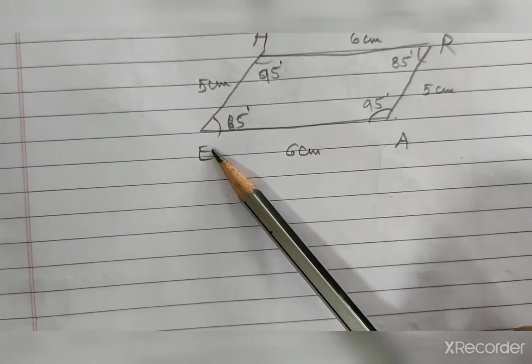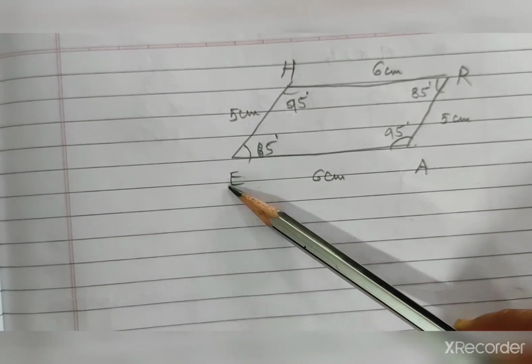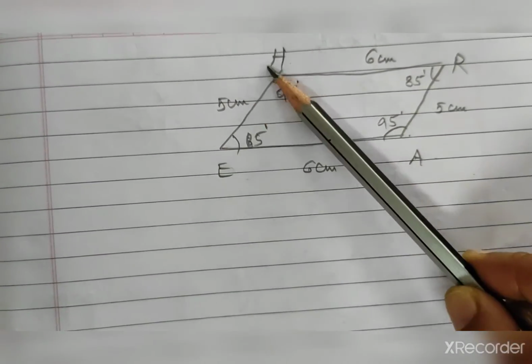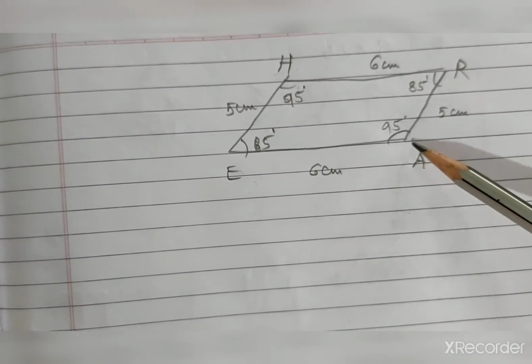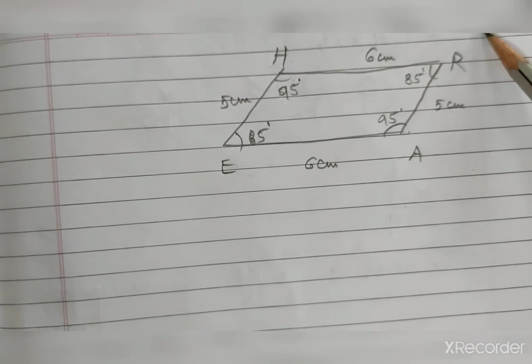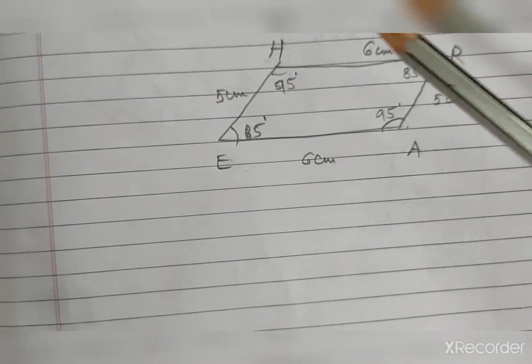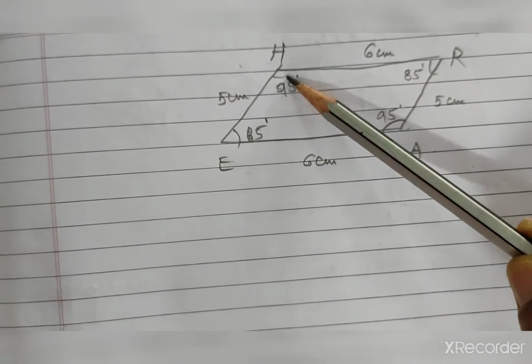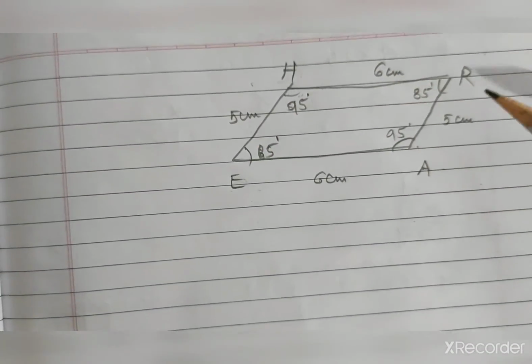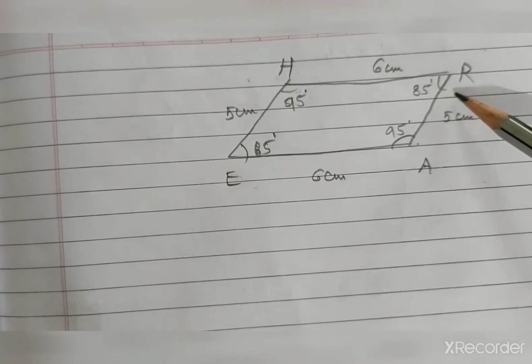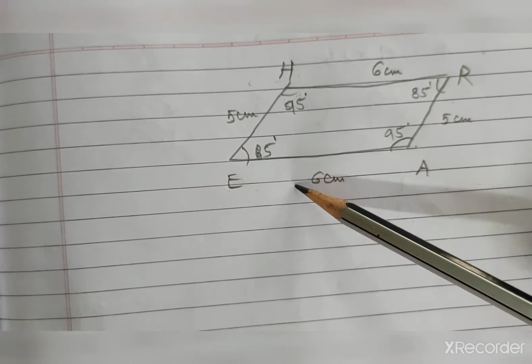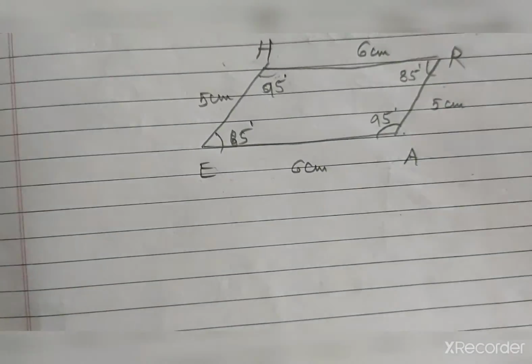So you will get angle E, angle A. Now from E 5 centimeter you will intersect here, and this line segment also you will get as a ray. So 5 centimeter from here, 5 centimeter from here, and from here 6 centimeter. You will get the intersecting point. In this way you can draw a quadrilateral. Okay. If you have any query, you can ask me.